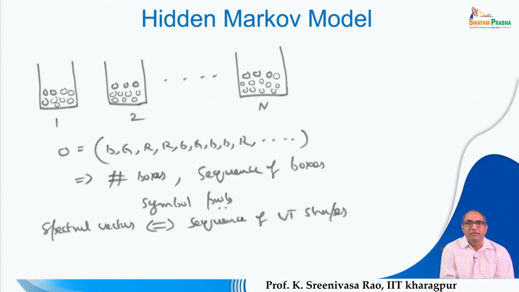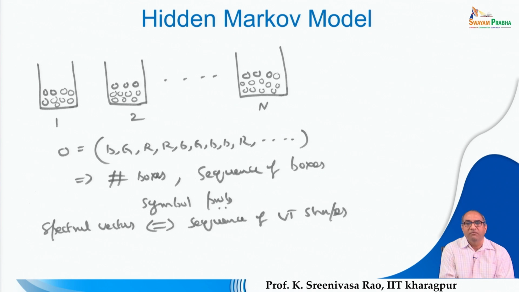When estimating that posterior probability, we take a set of feature vectors and see the probability of all those feature vectors from a given class. With that we estimate a class conditional density, and using that we hypothesize the class label for the given test sample, where we are not bothered about the sequential characteristics of those feature vectors.